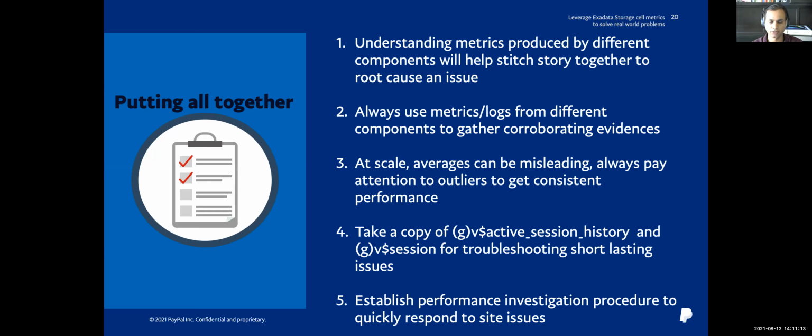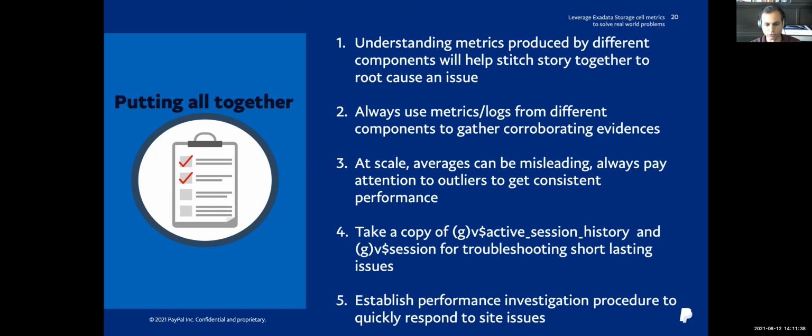But still, some of those things are really useful in finding out why we are seeing the latency or why we are seeing higher IOPS or throughput, right? And as I mentioned earlier, at scale, everything matters. You want to find every single opportunity to tune your system so that you can get consistent performance and save some dollars.